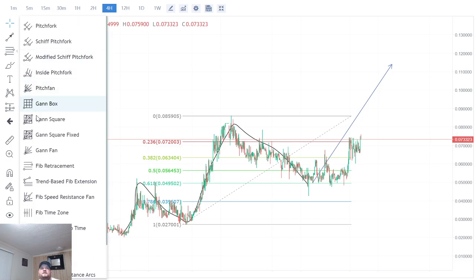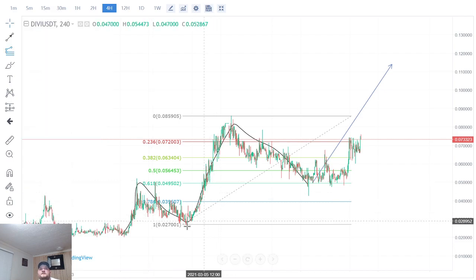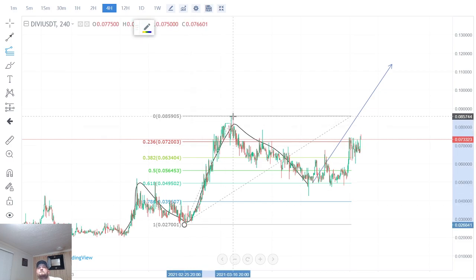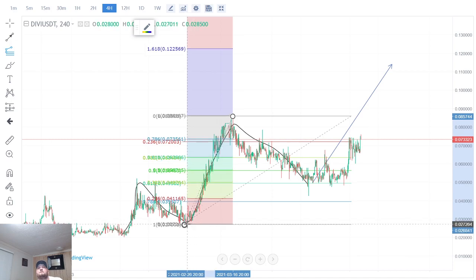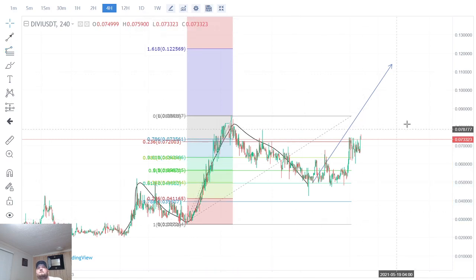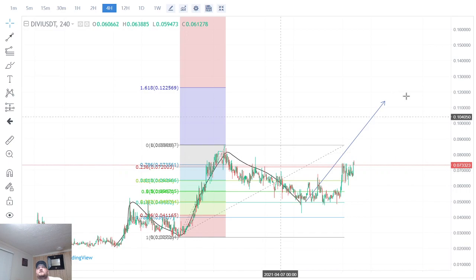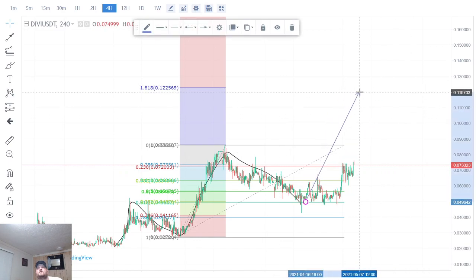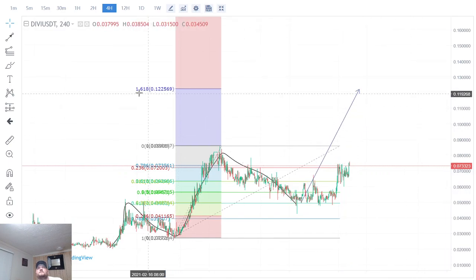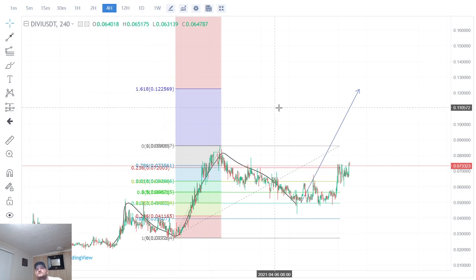I got the 12 cents with the Fibonacci expansion tool. So 61.8 would be right here. The 1618 would be up here.